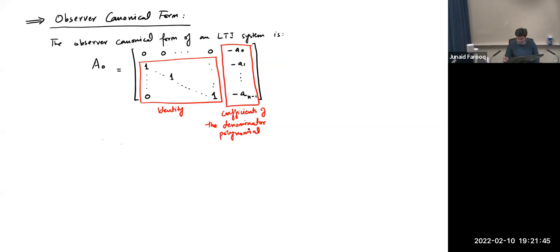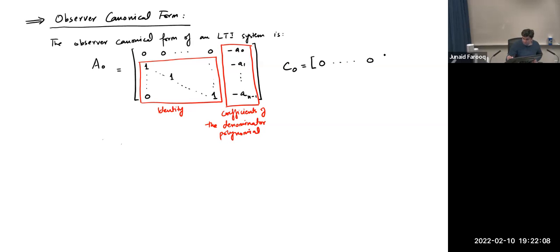But for this course, let's just restrict ourselves to this particular form. In general, when you are reviewing the literature, you will find many other forms. Every book author will use a form that is convenient to them.